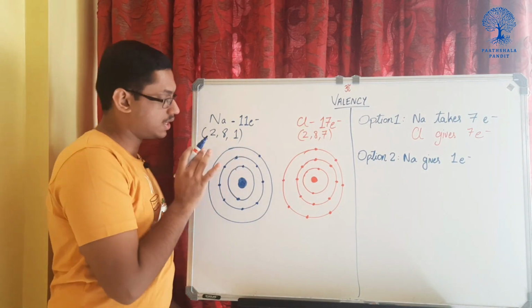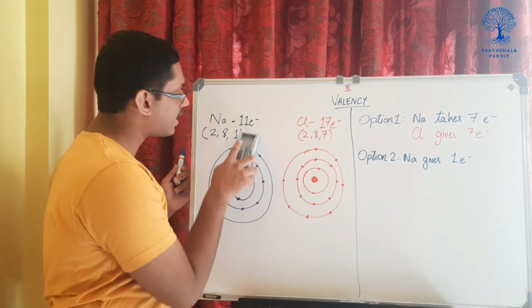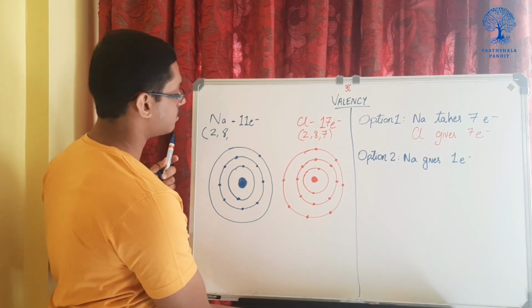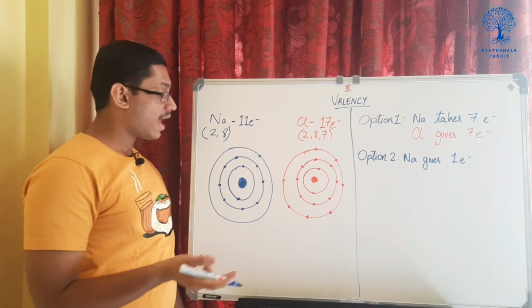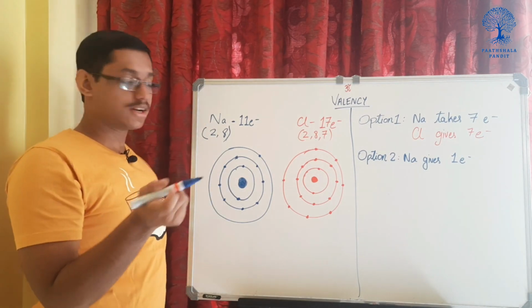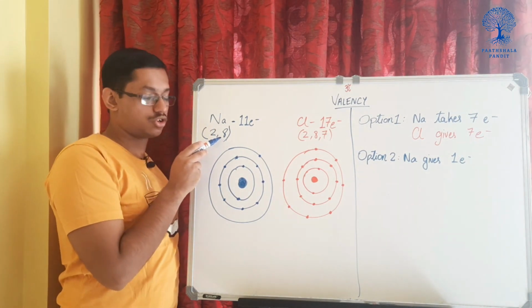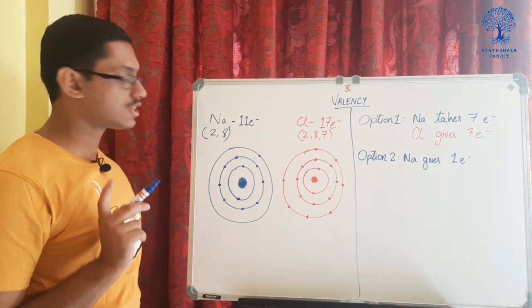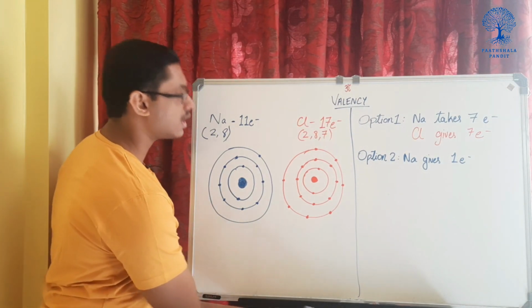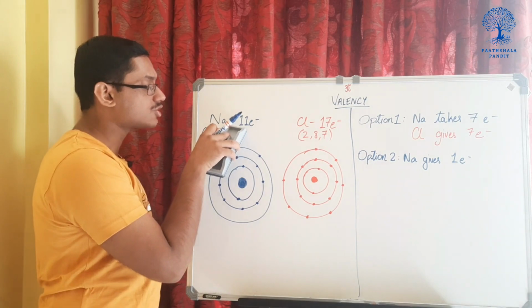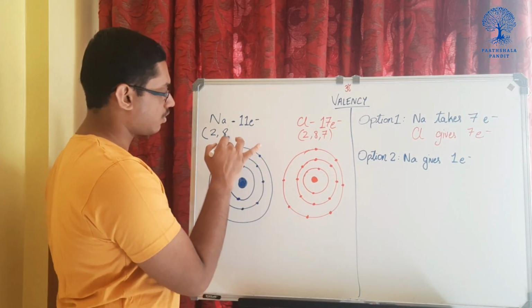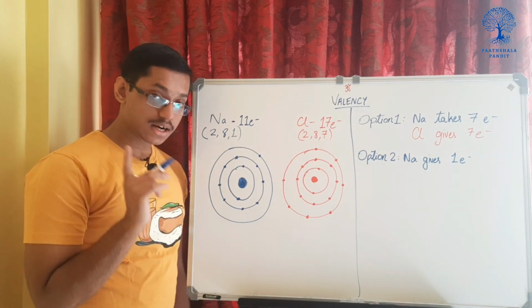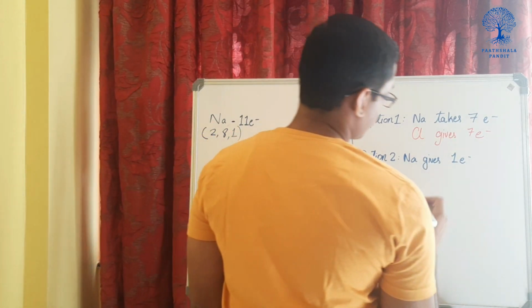Then it becomes somewhat invalid. If sodium gives away 1 electron, then it becomes 2 and 8. But the condition is satisfied, right? The last orbit should have 8 electrons. The condition is satisfied. So sodium will see that the second option is also available, that I will give away my 1 electron.